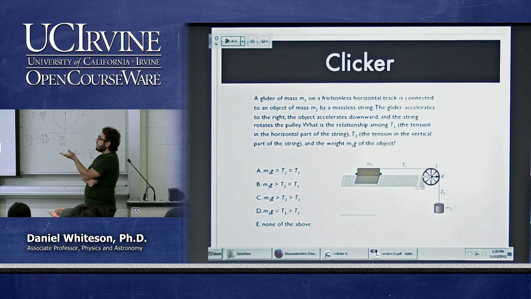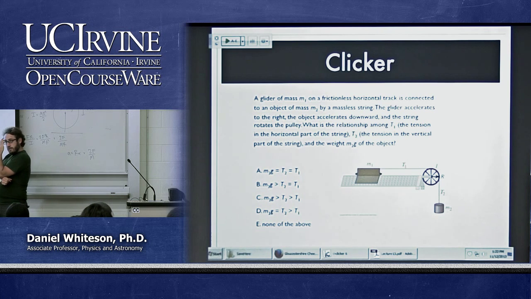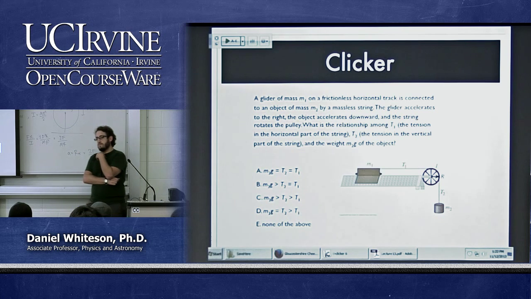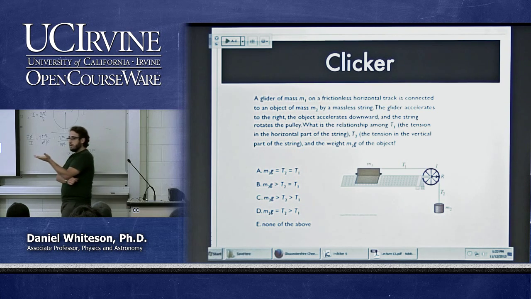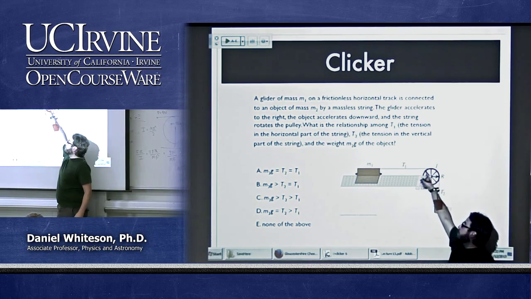What happens in the limit when the wheel has infinite I? This thing's made out of a neutron star or something, right? What happens? Won't turn. Won't turn, right? Which means there's going to be no force on T1, right? Yeah. So T1 would be less than T2. The only situation in which they're equal is when this thing doesn't rotate, and the rope just slips over it.